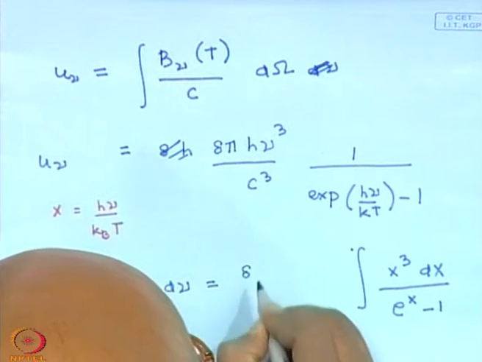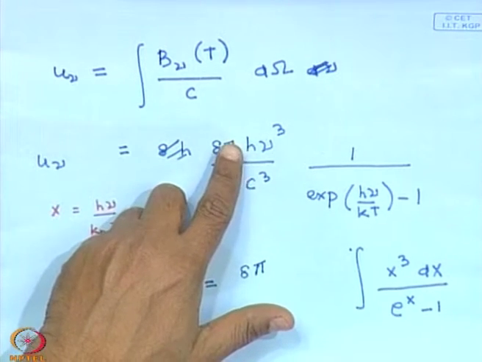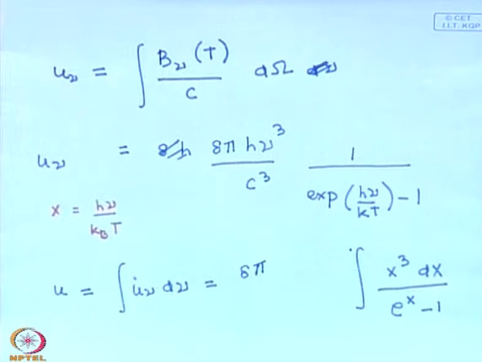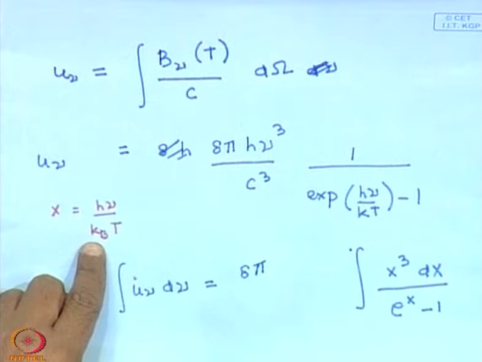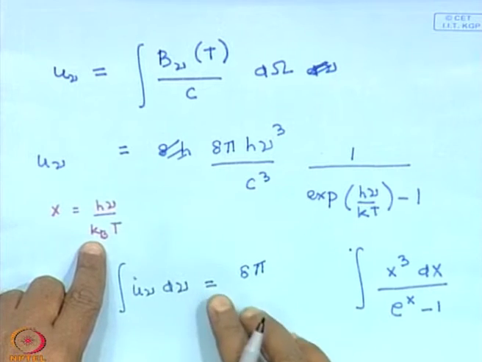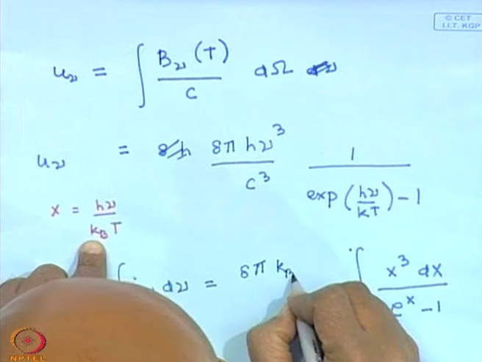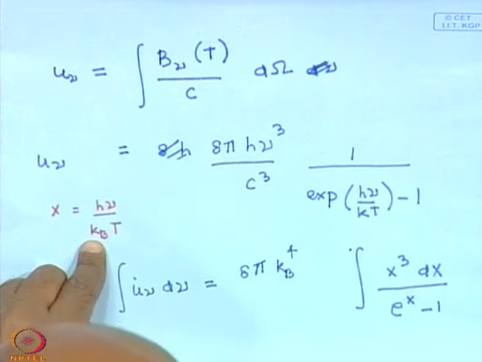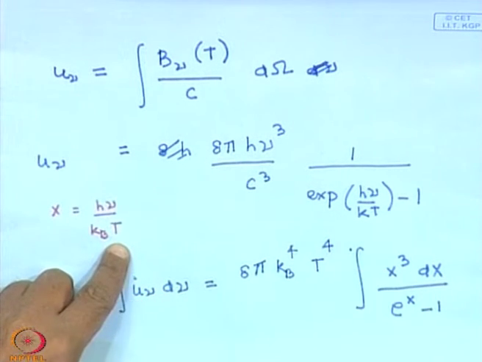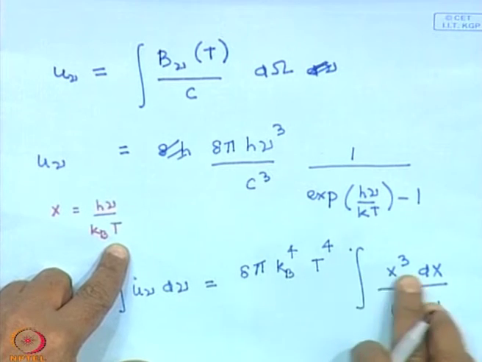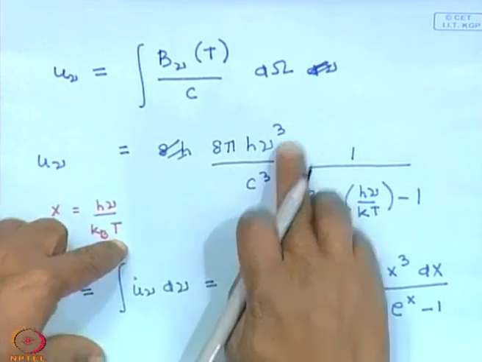I have 8 pi, and we shall have kB to the power 4 and T to the power 4, right. So, that we have, because we have 4 x's over here, we had nu cube and d nu over here.